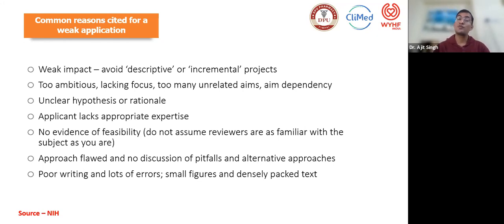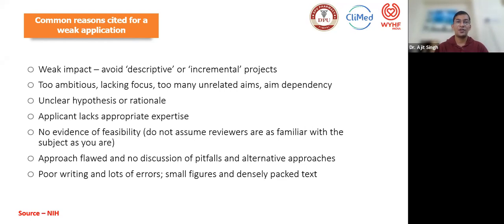Reviewers may be familiar with your institution, maybe with your things, but you have to mention the feasibility properly in your proposal. If you're not mentioning the feasibility evidences, then your application is going to be very weak and you are not going to get it.